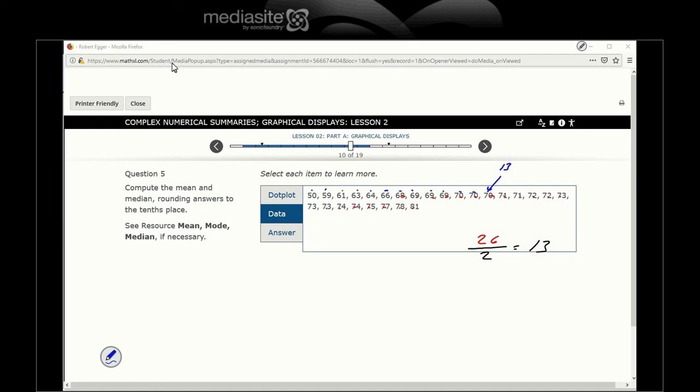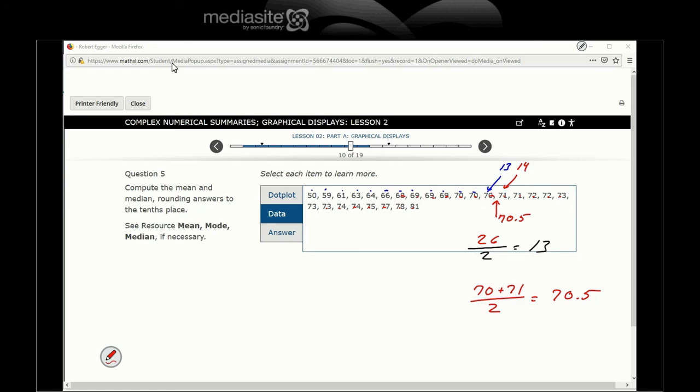What we're going to do to get our median is to look at the 13th and the 14th number. So in this case, 70. We'll add them together, divide by 2, and we'll get a median of 70.5, which means I have the same number of values to the left and to the right.